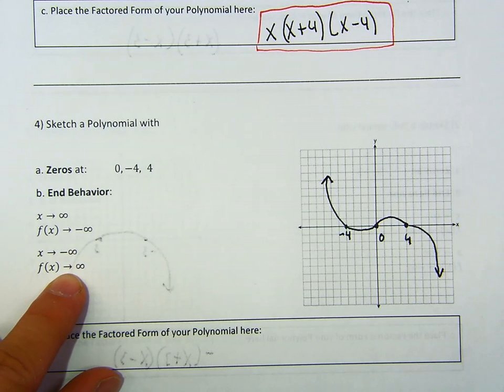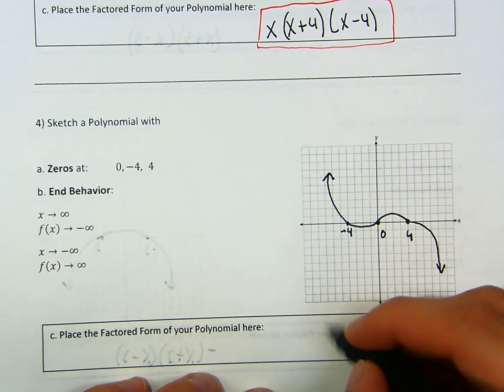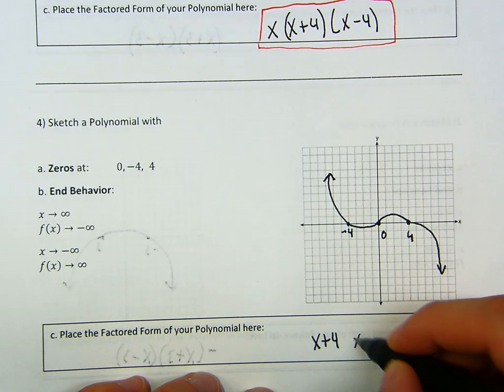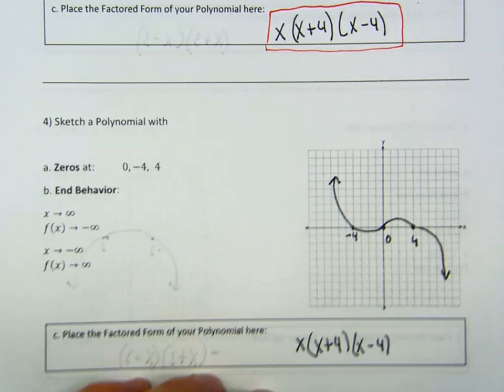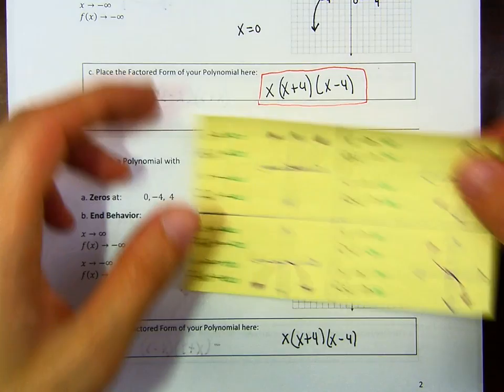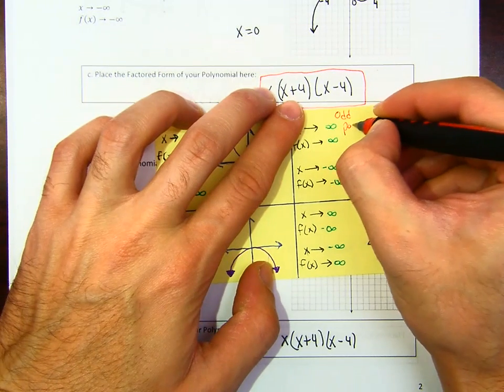Okay. So what is the factored form of this polynomial? Notice if it's negative 4, it's x plus 4. If it's positive 4, it's x minus 4. And then this will also be x. But then what's the idea again? Notice that the earlier one was odd positive.